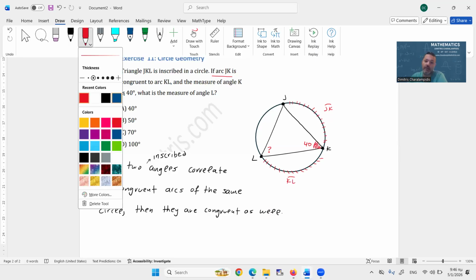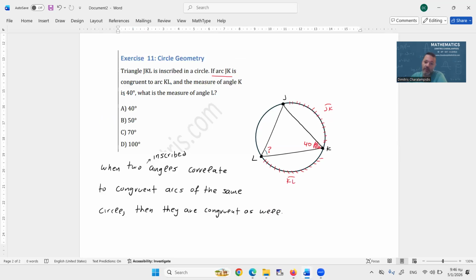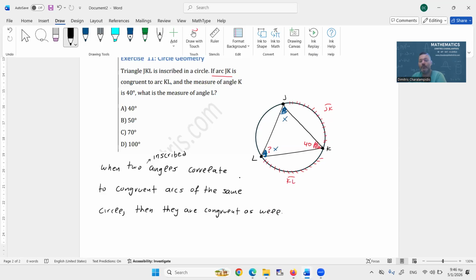these are angles L and J, this angle here and this angle here, L and J, should be both equal. And since they are equal, let them be equal to X. But then we will use a bigger theorem that always applies in any type of a triangle. That is the one that states that in any triangle, the sum of all the interior angles is always equal to 180.